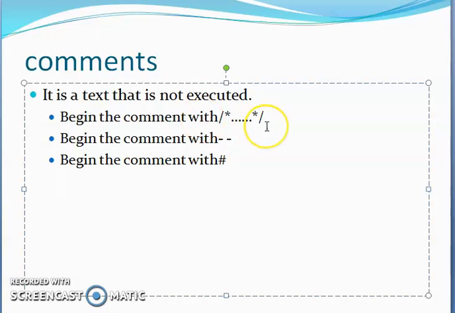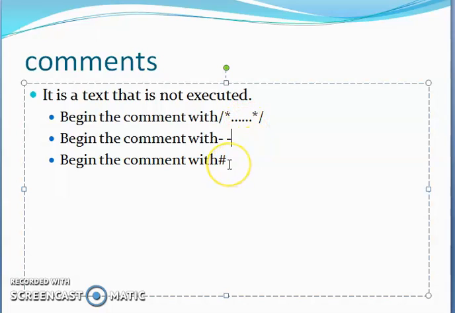For the first type, beginning with slash and star and ending with star and slash, it proceeds with the text of the comment. This text can span multiple lines and end with the closing star slash.